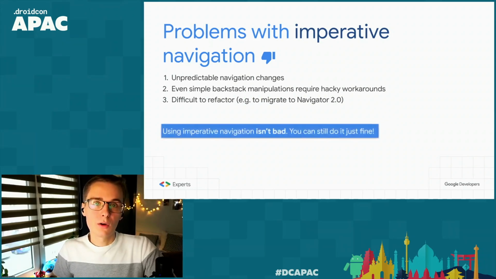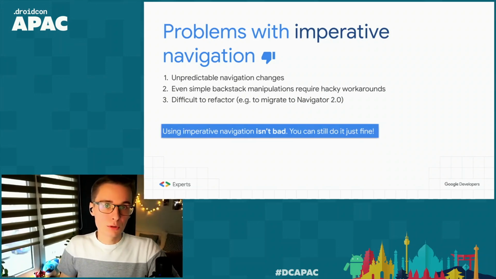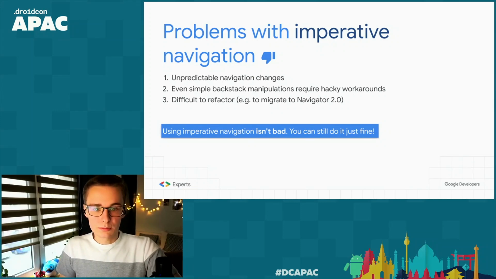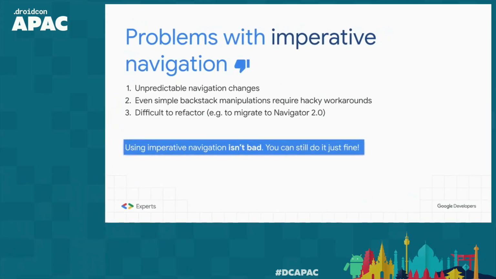Of course, it doesn't mean that imperative navigation is bad. It isn't bad. If you're used to it and if you're more productive with that, it should be good to continue with this approach. However, you can try after this presentation to implement some declarative navigation in your app.